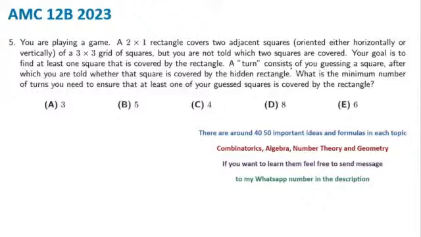A turn consists of you guessing a square, after which you are told whether that square is covered by the hidden rectangle. What is the minimum number of turns you need to ensure that at least one of your guessed squares is covered by the rectangle? Okay.